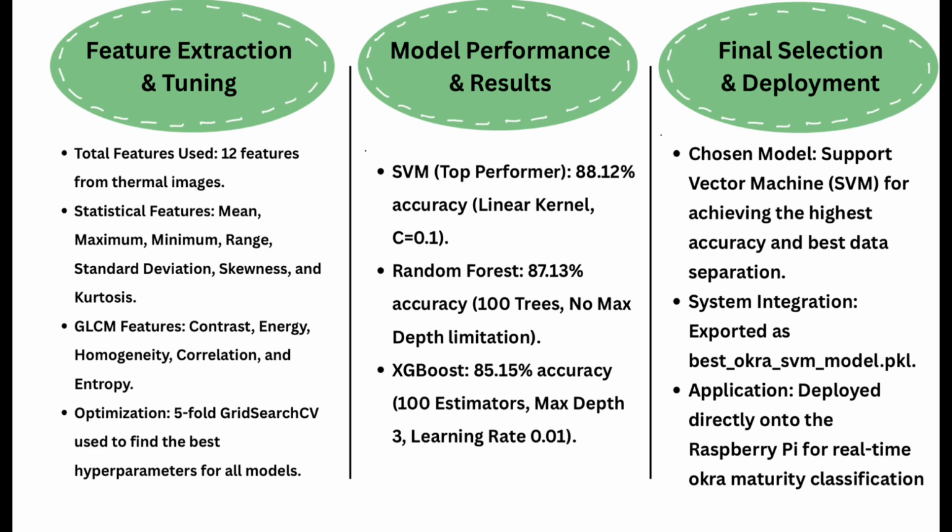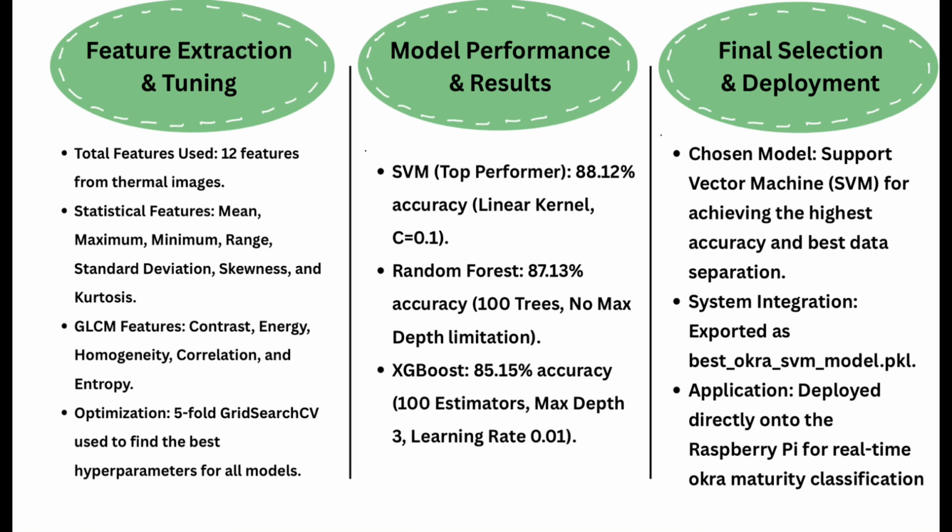First, we tested the support vector machine, SVM. This proved to be our most successful model, achieving the highest accuracy at 88.12%. Using a linear kernel, it separated the data beautifully with very few misclassifications.